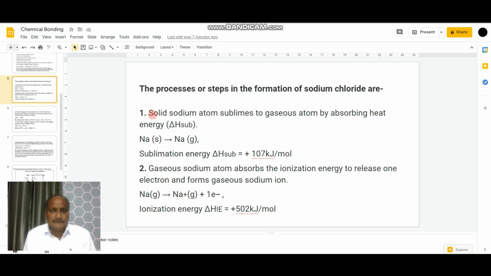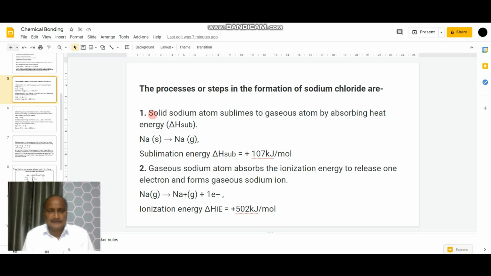By the supply of sublimation energy, metallic or solid sodium is converted into gaseous sodium in the atomic state. That is, the sublimation energy is equal to 107 kilojoules per mole.